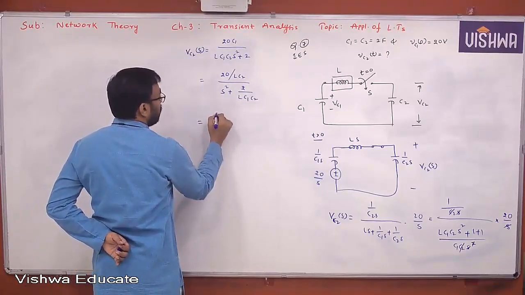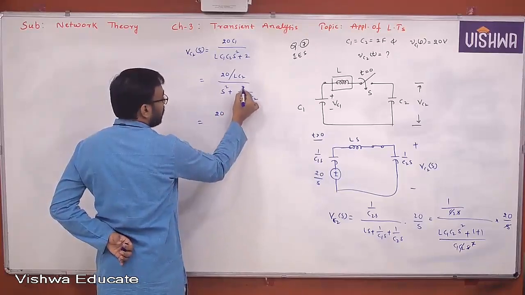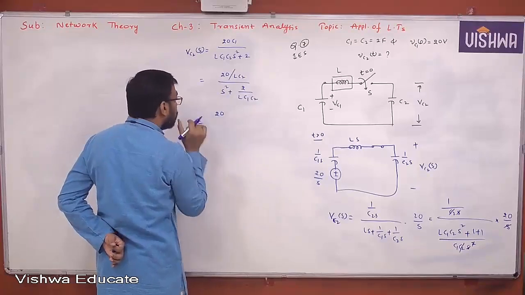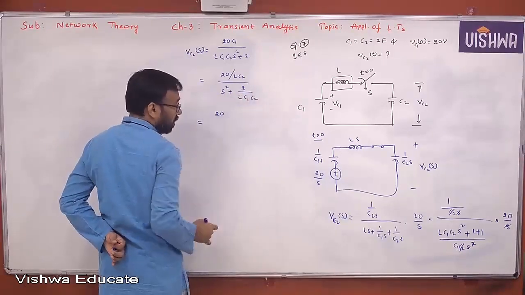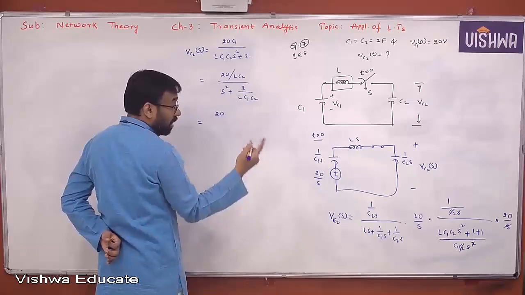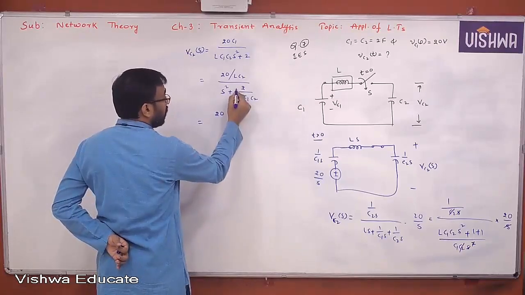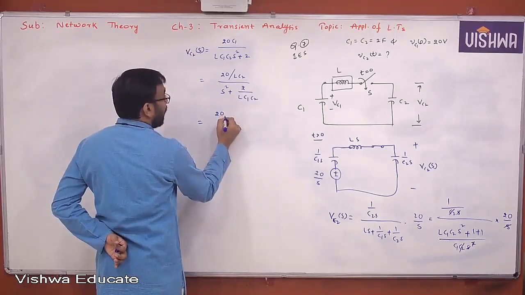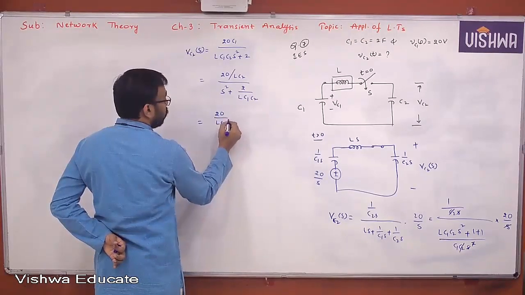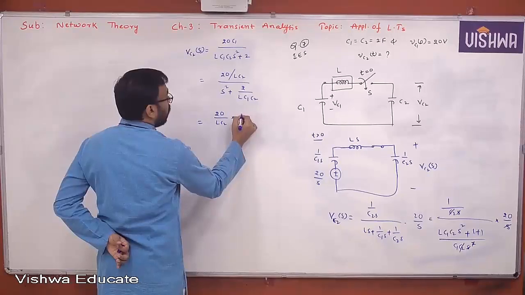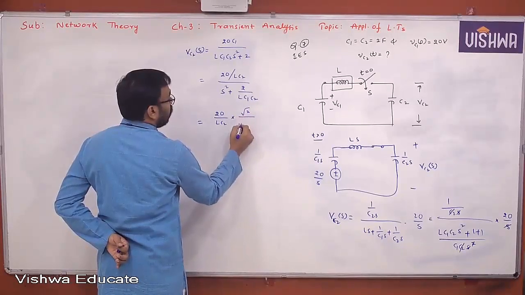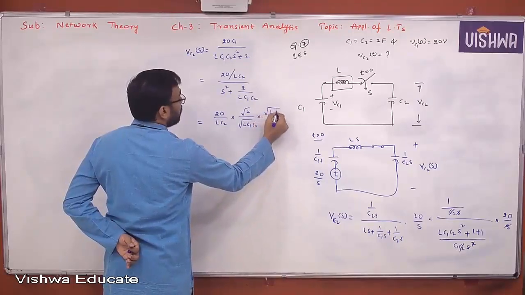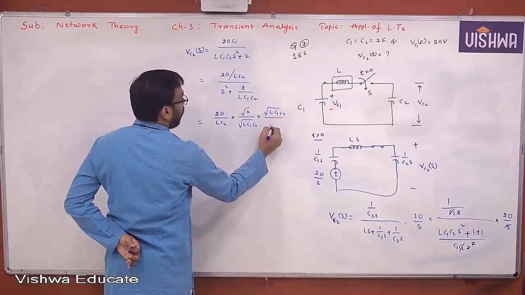Can I express 20 in terms of omega? Then root omega, then root omega whole square if you can take. Understand, I want omega square, right? Omega square means the root of this value and whole square you can take. So 20 by L C2 into root 2 by root L C1 C2 into root L C1 C2 by root 2.